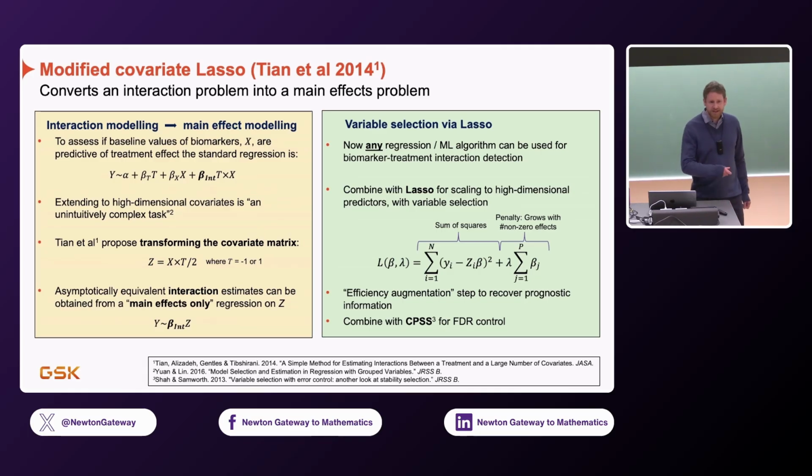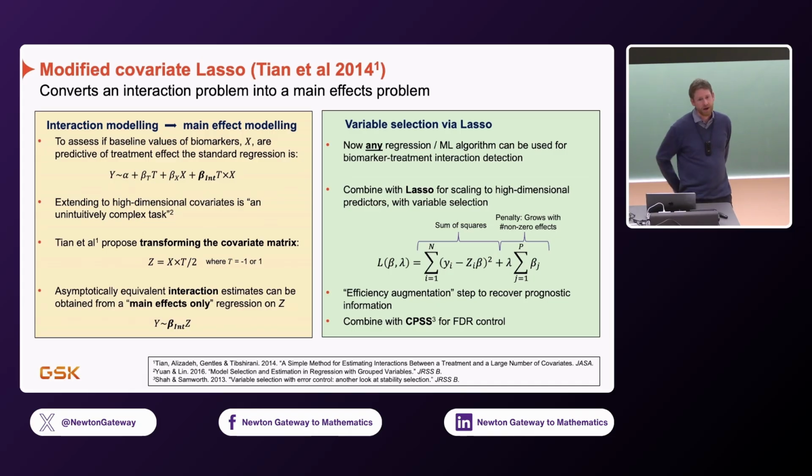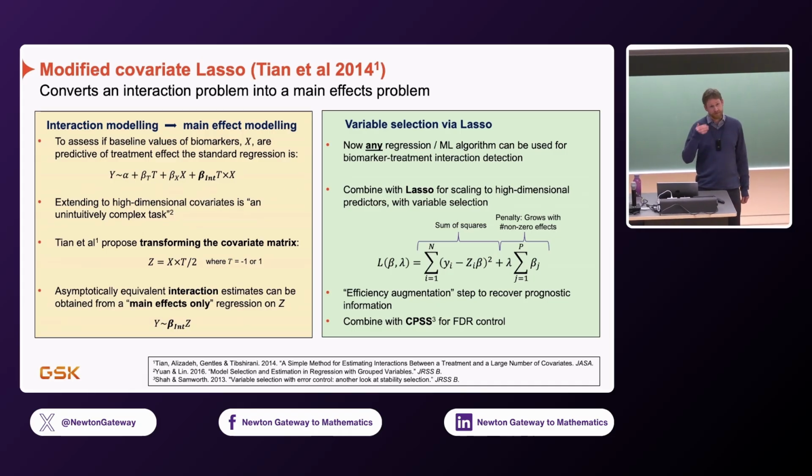You basically bootstrap many times, reapply the variable selection procedure, and look at the selection probabilities across the bootstraps. This gives you some theoretical results for the error control in the false positives if you were to threshold at different levels on those selection probabilities.